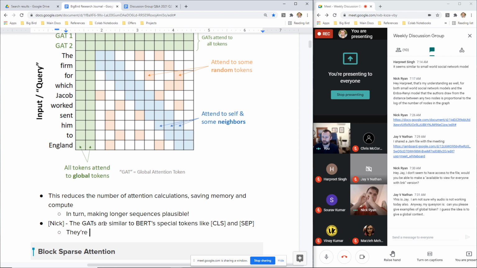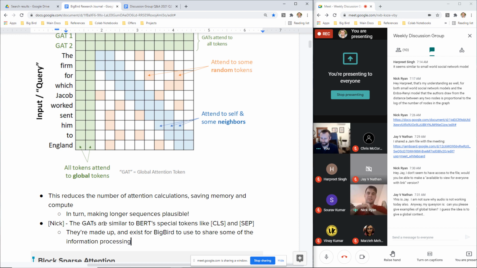Yeah, they're made up and exist for, what would you say there? It's like they're there for BigBird to use. Yeah, to share some of the information processing load, I guess.